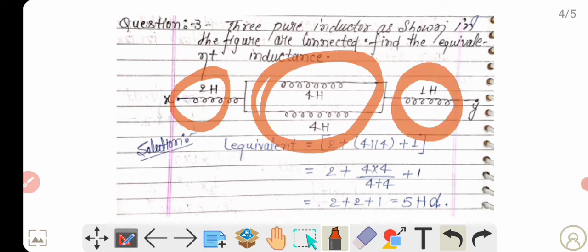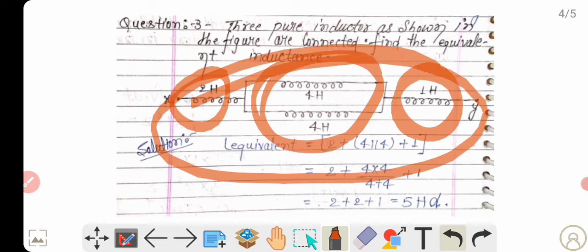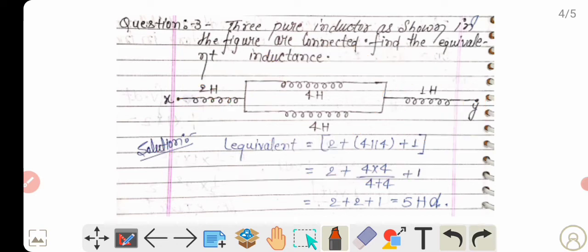So all these three are in series. Here, 2 Henry plus the combination of 4 parallel 4 Henry, plus 1 Henry. If you calculate all this, then its equivalent will be 5 Henry.